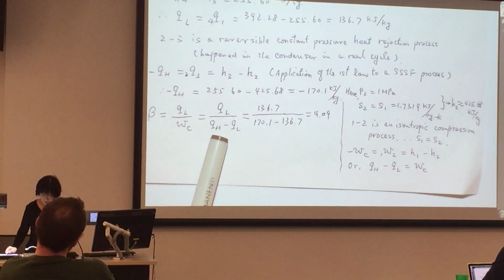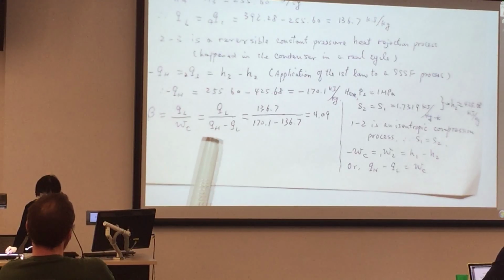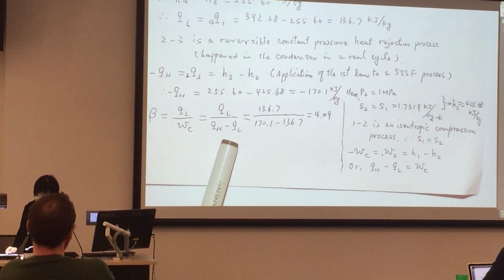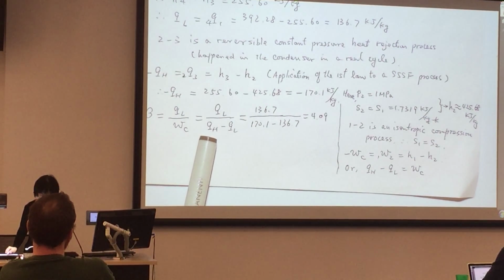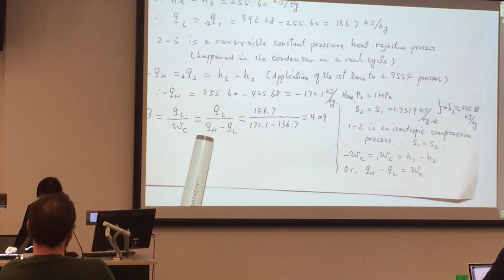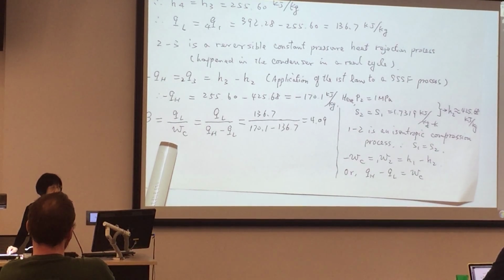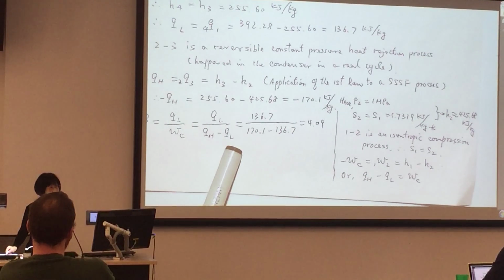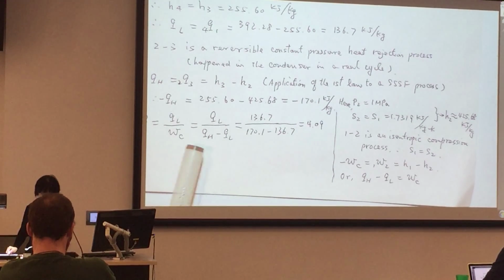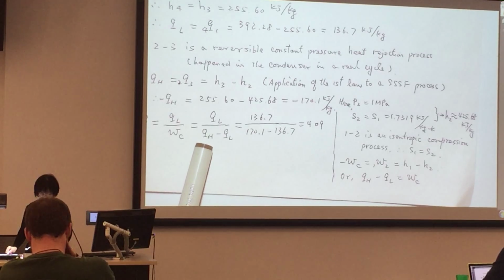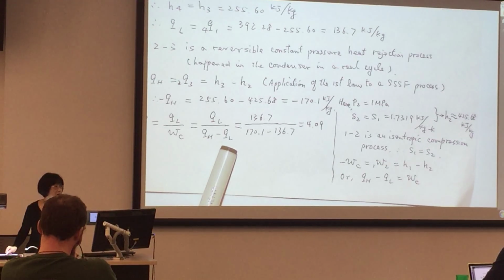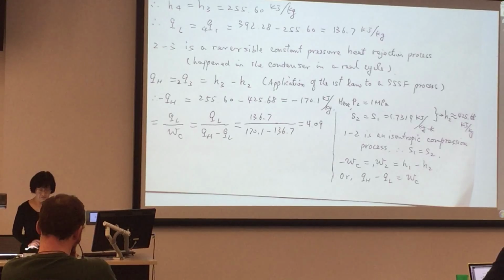Here you may notice, QH should be negative, QL should be positive. But here we just calculate, because this is negative as well, this is negative, so that's corresponding to this one. So the negative work equals minus QH plus QL. And then coefficient of performance.